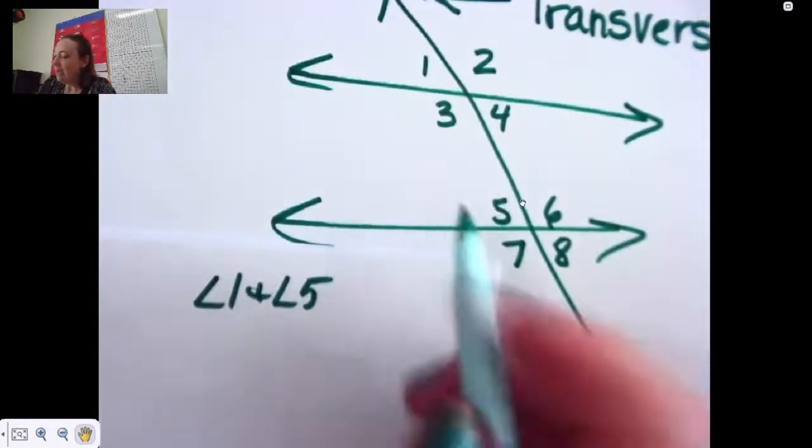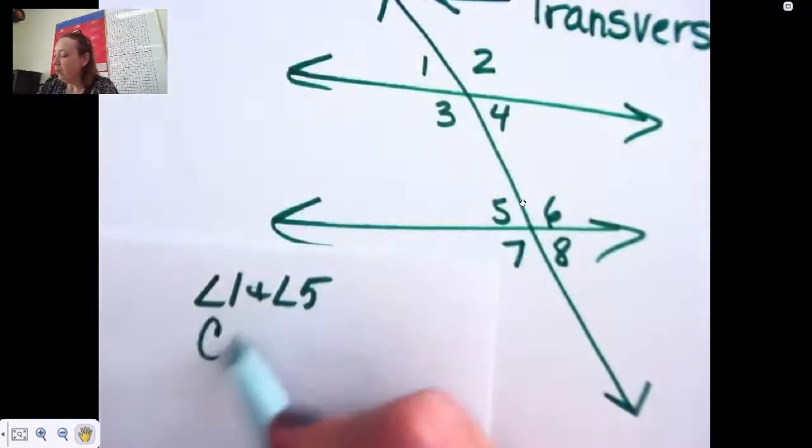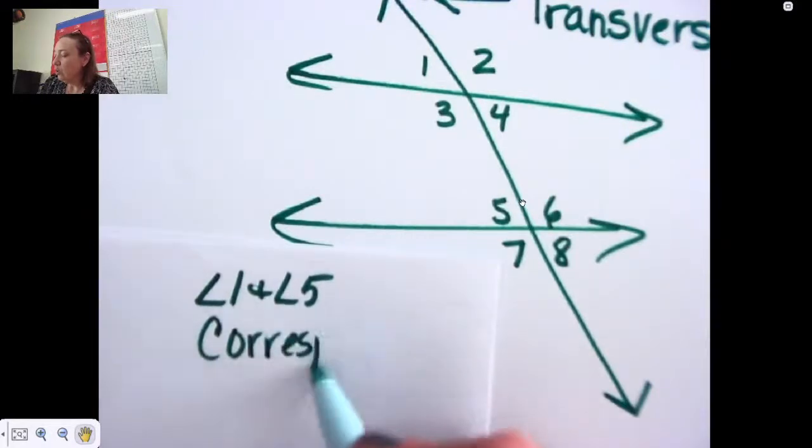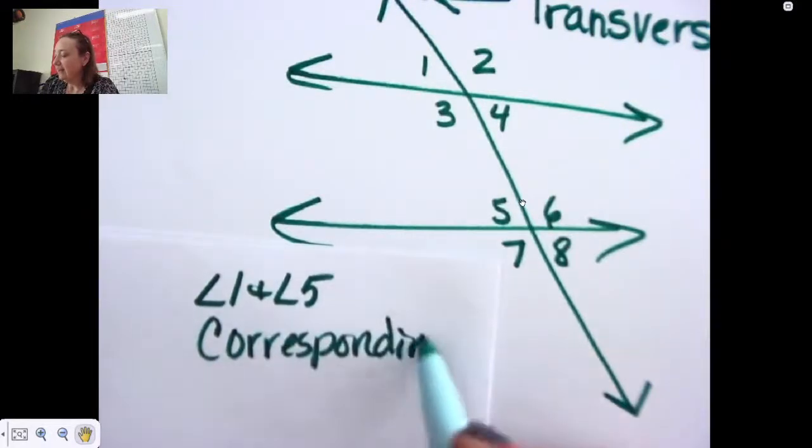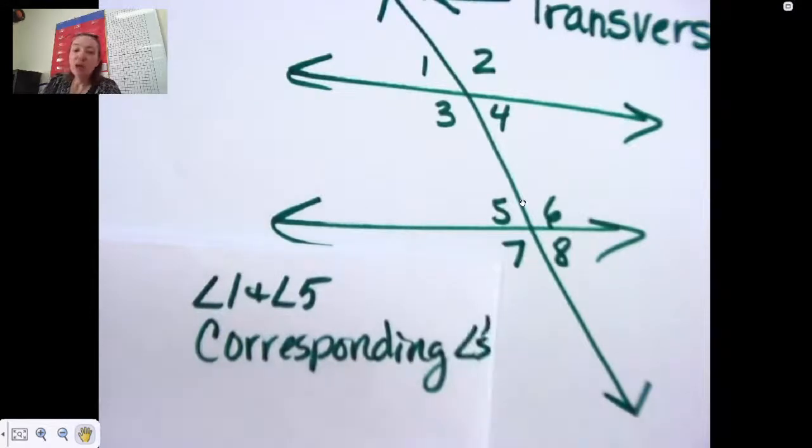Okay, so angle 1 and angle 5 are called corresponding angles. That just means they're in the same location on the two lines. That's amazing that you guessed the right word. Angle 1 and angle 5 are corresponding. They're in the same location. Now, when we talk about parallel lines, they're going to be congruent. These are not.